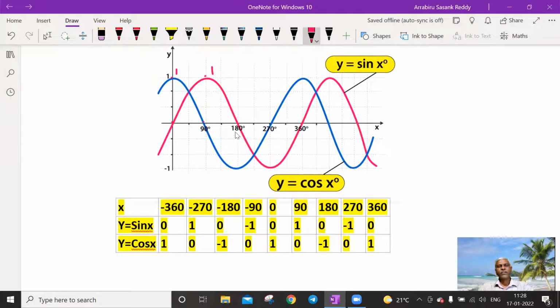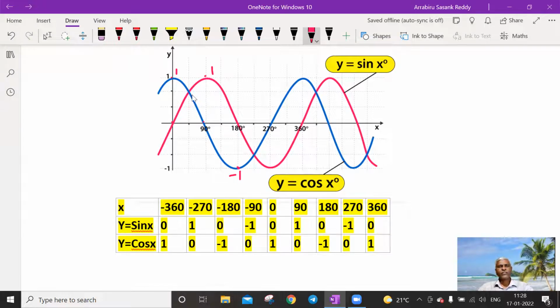Sine 180 is 0, again at 180 degrees the red line touches the x-axis, that is 0, and the blue line touches minus 1. So this point is minus 1. Cos 180 is minus 1. So cos is minus 1 at 180 degrees, and sine is 0 at 180 degrees.